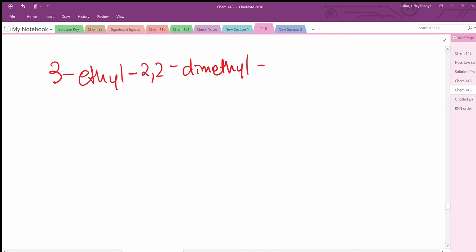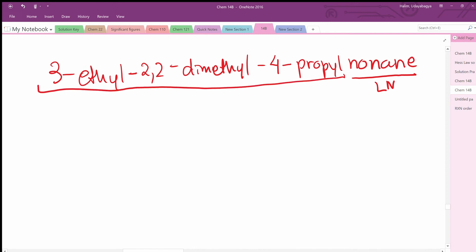It would be the same compound. So the last name, which is the longest carbon chain, is going to be nonane, and this is your last name, and everything else here in the front is basically whatever hanger on, so anything that sticks to it. So this is your first name. So always draw the last name first.